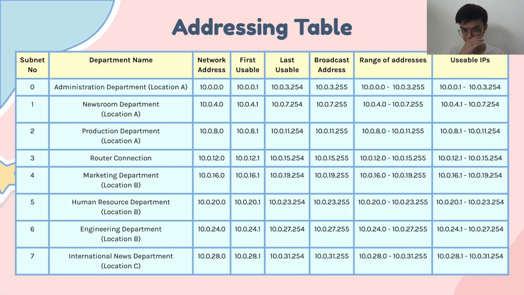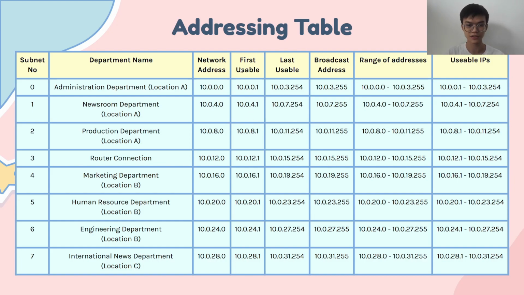Using the magic number, we get the addressing table. We use the magic number to add in the third octet to calculate the network address from 10.0.0.0 to 10.0.4.0, and we do it until the last department.